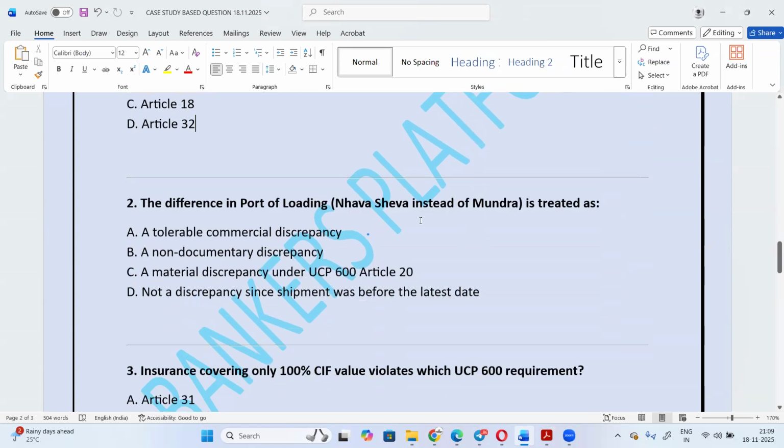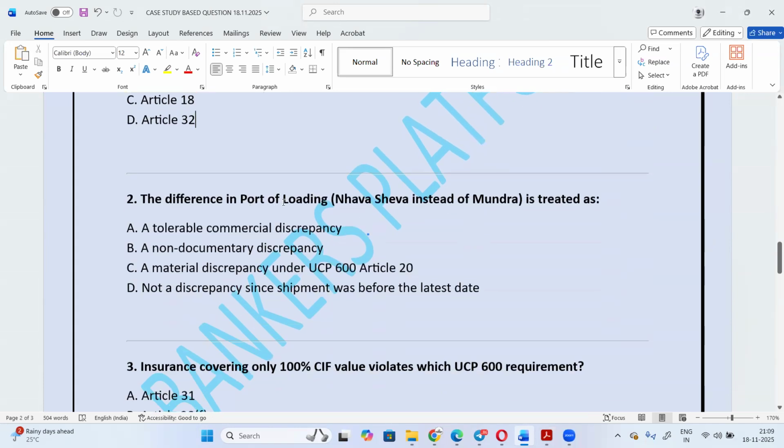Now the next question. A difference in port of loading, Nhava Sheva instead of Mundra, is treated as what? A tolerable commercial discrepancy, a non-documentary discrepancy, a material discrepancy under UCP 600 Article 20, or not a discrepancy since shipment was before the latest date.